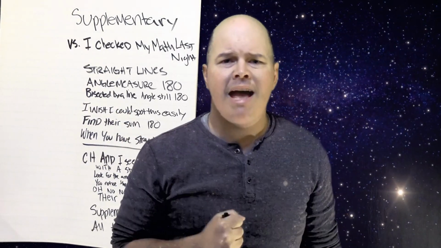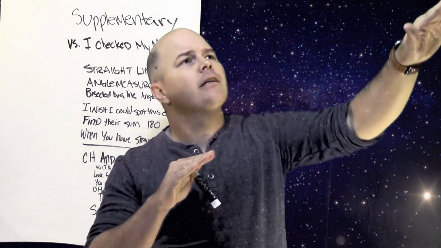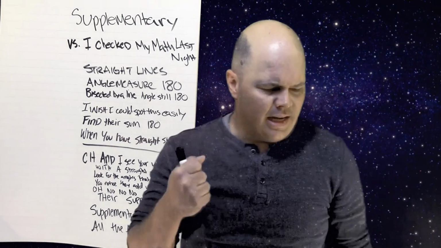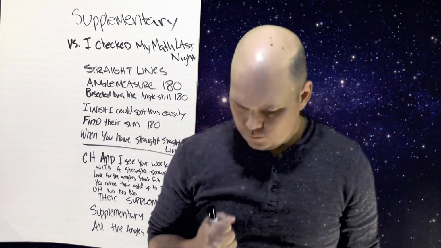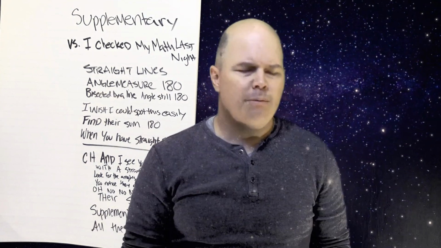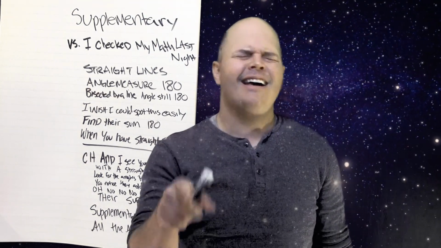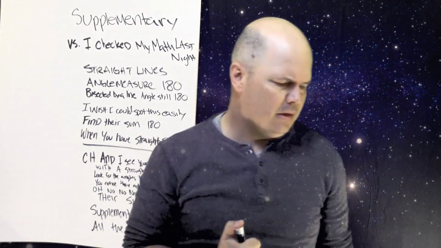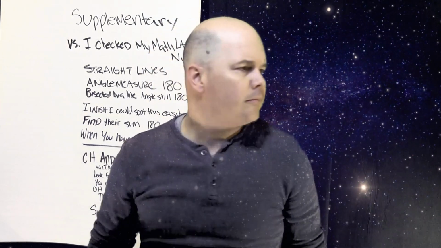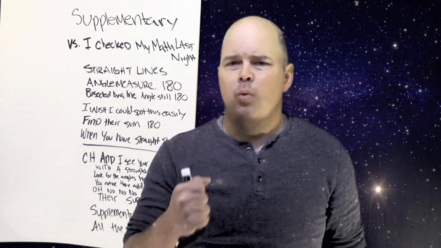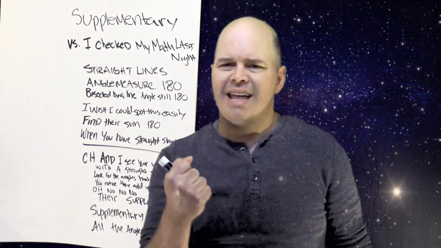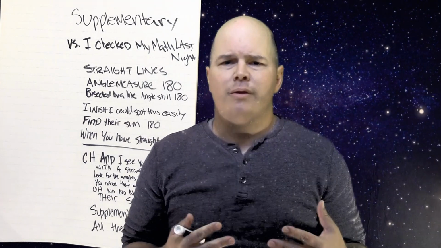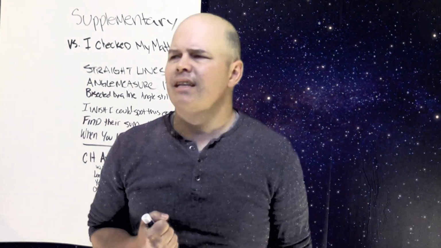I checked my math last night. Straight lines. Angle measure 180. Bisected by a line that measures 1 AD. I wish it was easy to spot these lines and see their measures so easily.